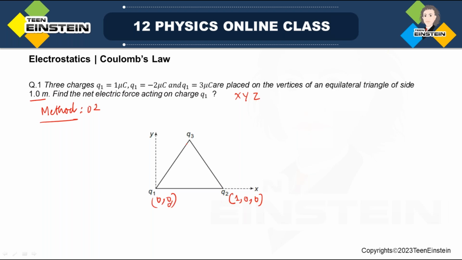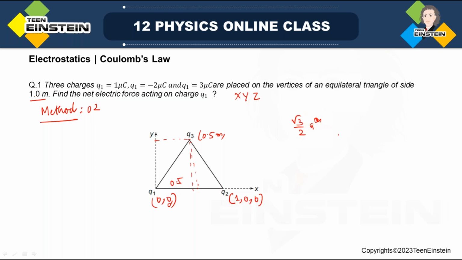And what about this? It has both an x coordinate and a y coordinate. The y coordinate is the height, and the x coordinate is half of this side, so it will be 0.5 meter. The y coordinate is root 3 by 2 times a.